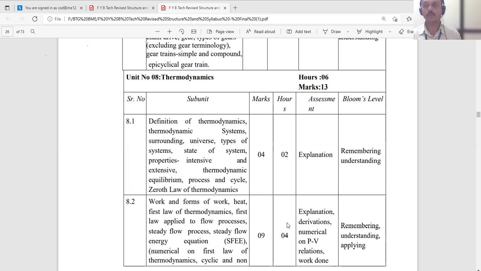This point is having weightage of 4 marks.